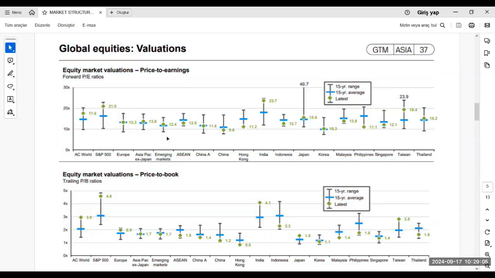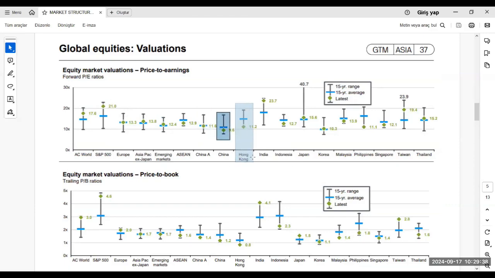Please, ladies and gentlemen, if this green dot is above the blue line, the latest value is higher than the 15-year average, and that country or financial market is expensive. Please look: expensive, expensive, almost fair, almost fair, fair, cheaper, fair, cheaper, cheaper.